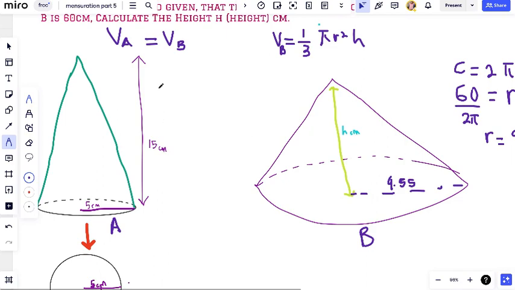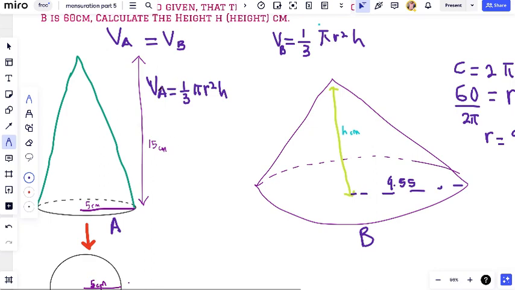So let's find VA, the volume of cone A, which is equal to 1 over 3 pi r square H. This radius is not the radius we found just now. It's the radius of cone A, which is 5, and the height is the height of cone A, which is 15.